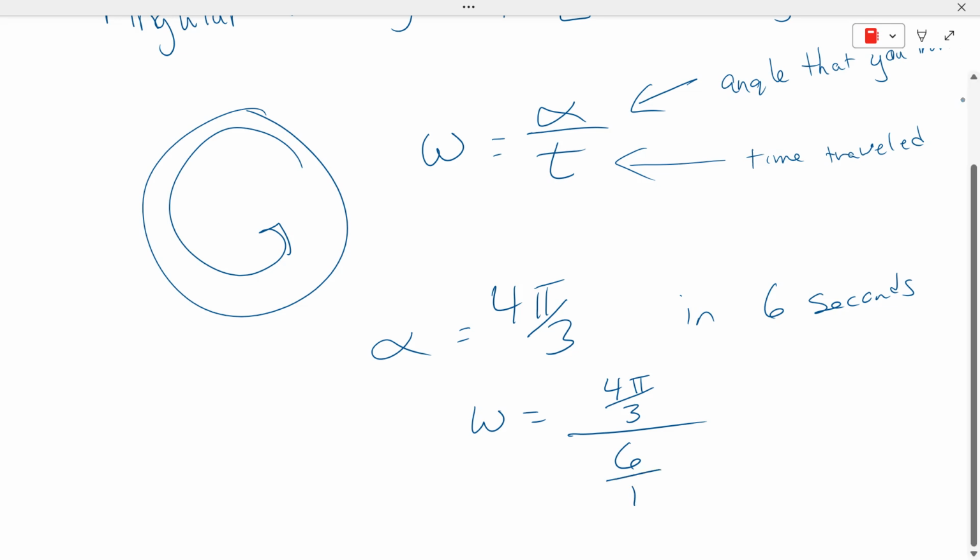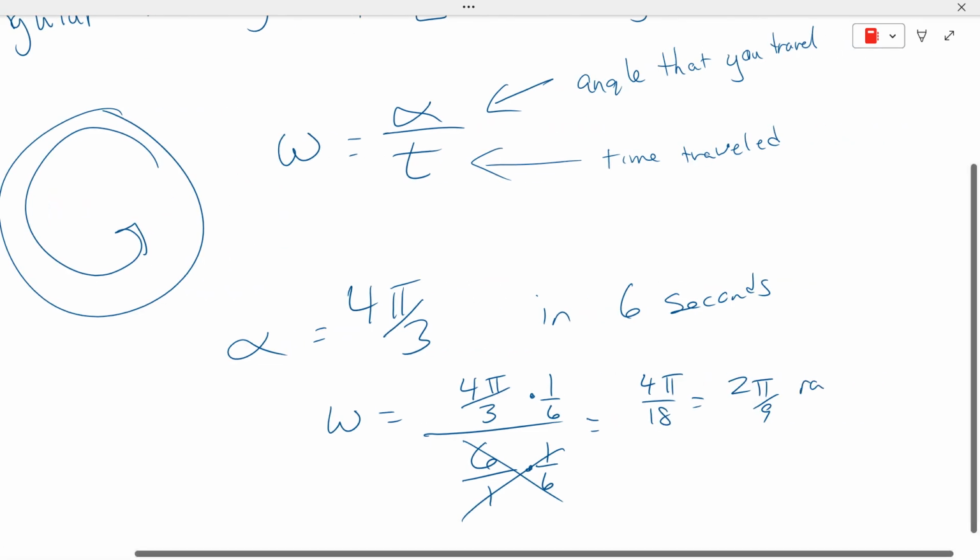So, this is 6 over 1, really, in the denominator, right? So now I have a fraction and a fraction. Multiply by the reciprocal of the denominator. That cancels that out. Now we'll have one fraction. 4 pi over 18, which reduces to 2 pi over 9 radians per second.